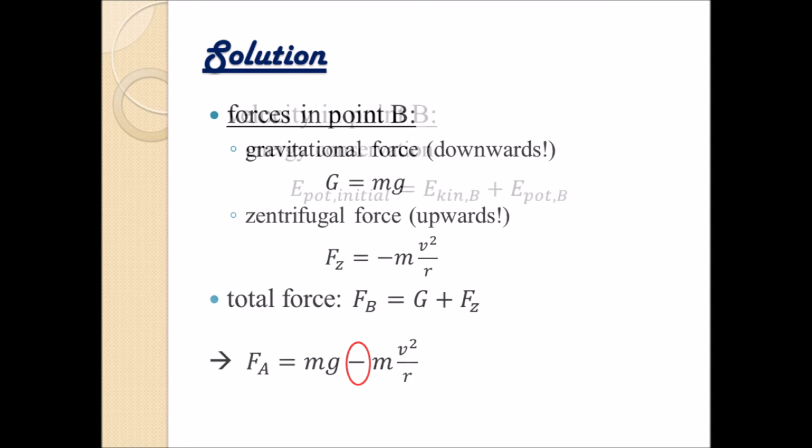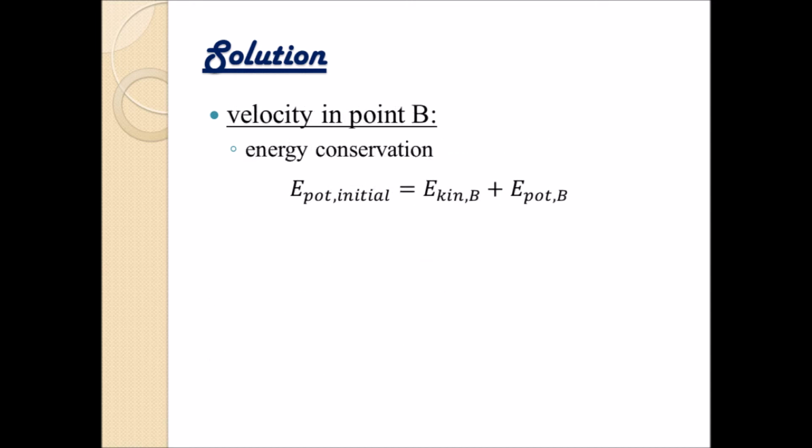Because energy conservation in this special case tells us that the initial potential energy, yes, part of it goes into the kinetic energy, the energy of motion in point B, but point B has also a certain height above, say, the ground level. So we need an additional term, the potential energy in point B. But this is not too complicated.